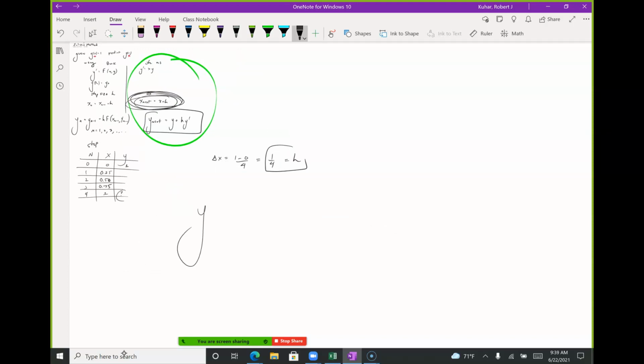So let's get our y next now, right? My y next formula says take the previous x, which was 0, and multiply by h, which was 0.25, 1/4, times x times y, right, times my y prime. Let me do a general y next first. y next is y plus h times xy, right?